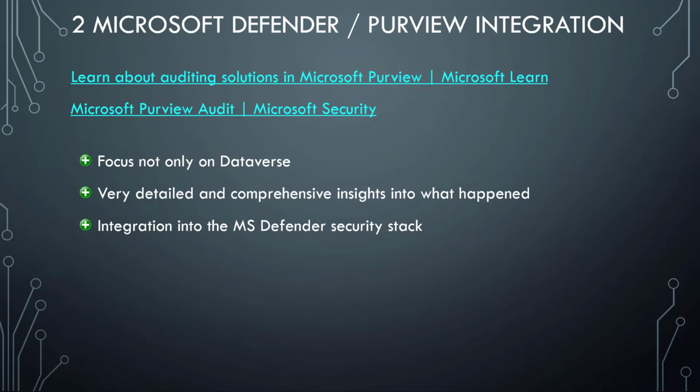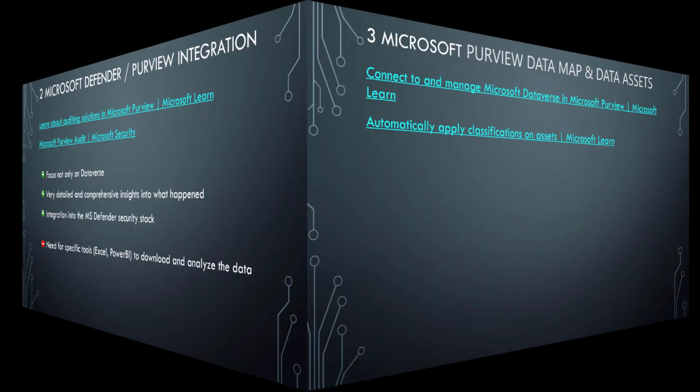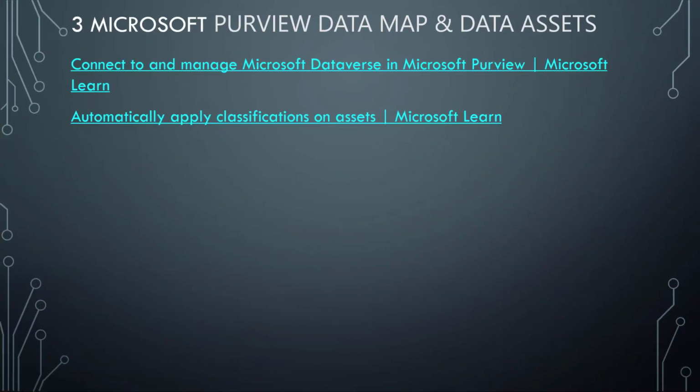And that's a big advantage of using this kind of integration. But of course, you saw it. You get a big Excel file out of that, and you need to download it and then analyze the data. And this can really take a while, especially if you do not use automations. Okay, but now let's move on and have a look at the last thing.